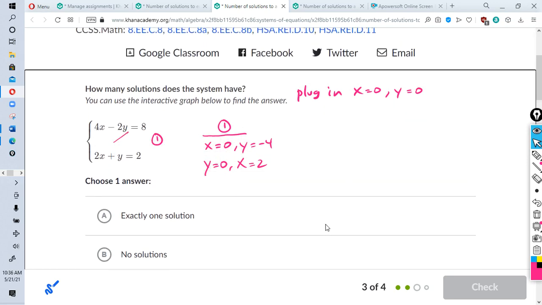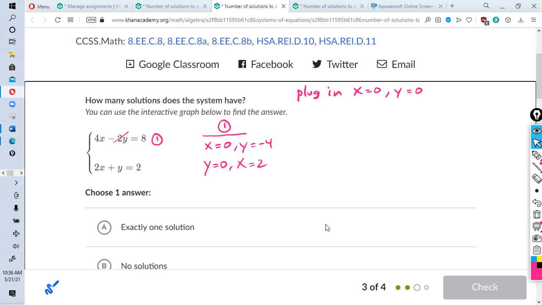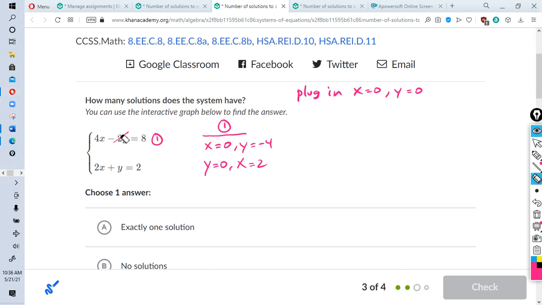And now we have to do the second line. From equation 2, I might as well do it in a different color. First, we'll plug in x equals 0.